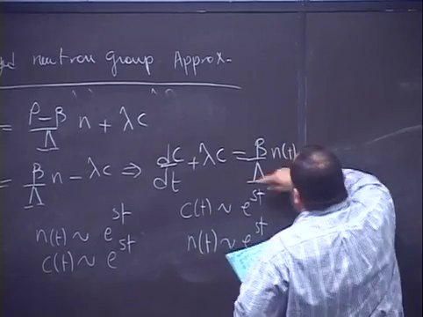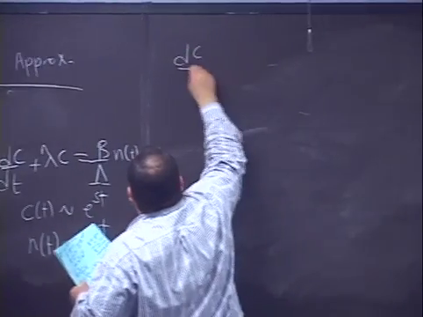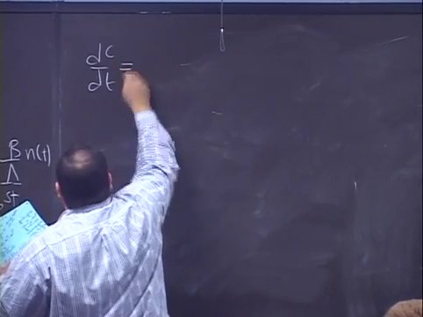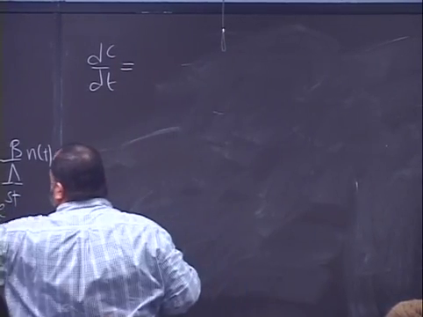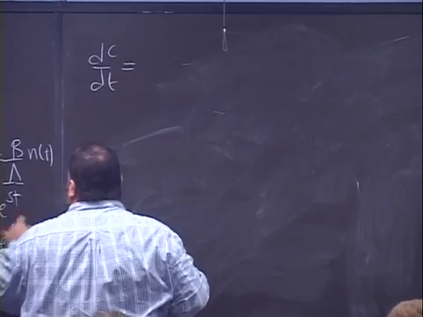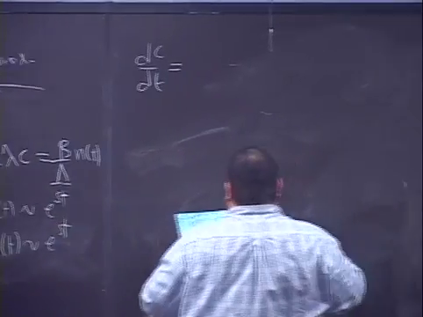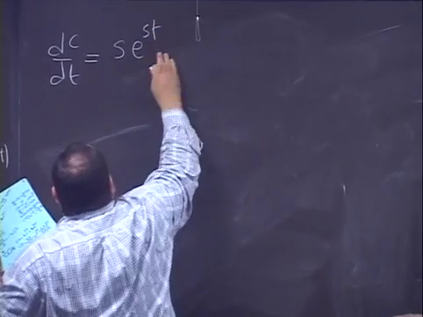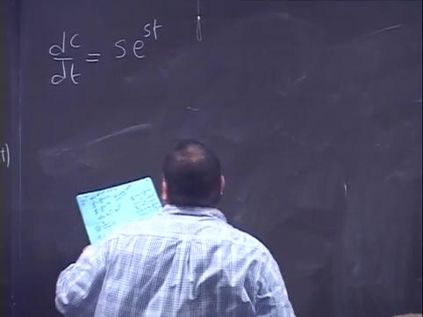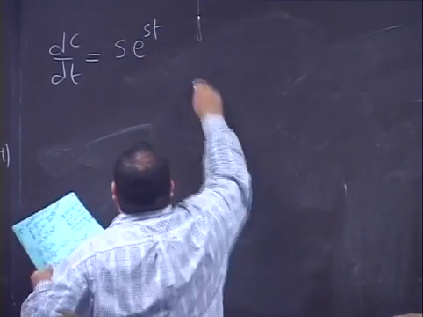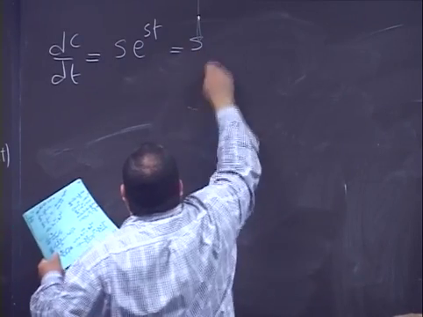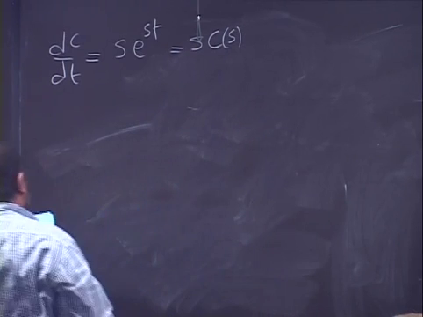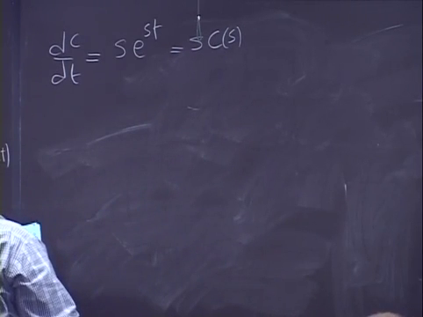then if you look here, dc by dt is just, if you differentiate c with respect to t, it will give you s e to the power of st. And this is nothing more than s multiplied by c, as we stated from the Laplace transform of last time.